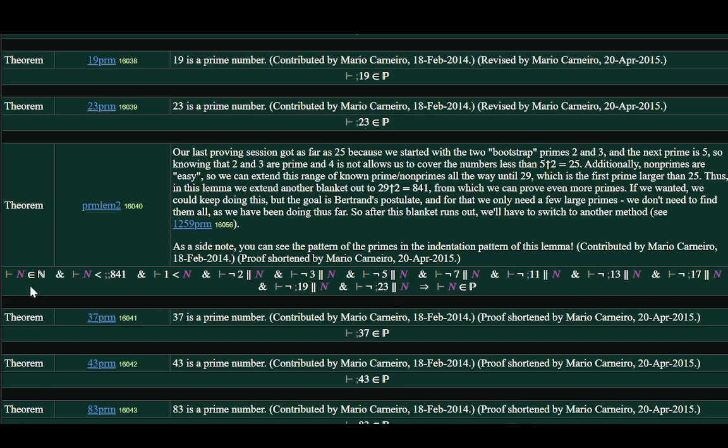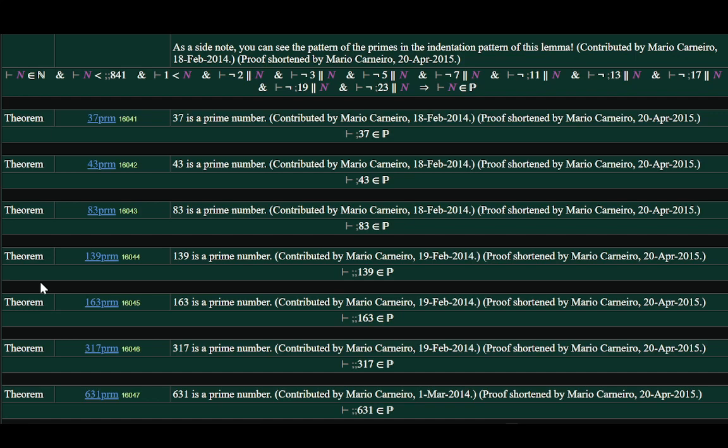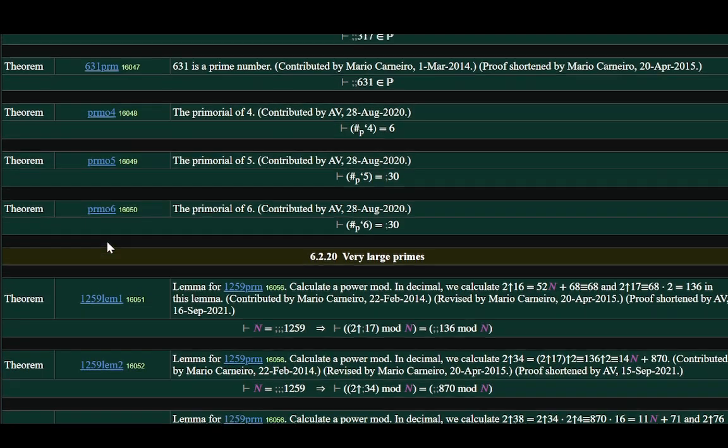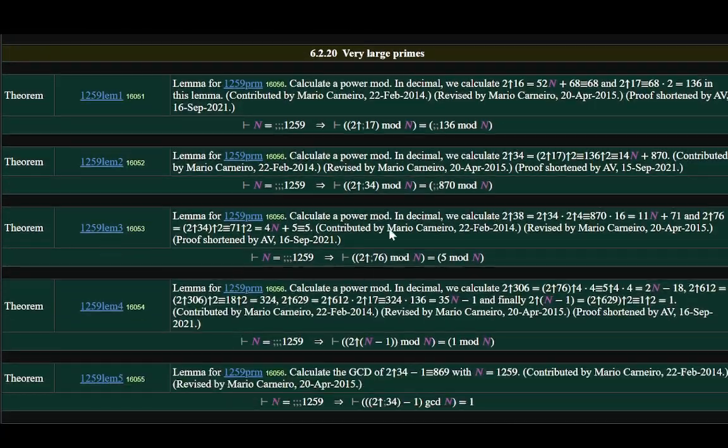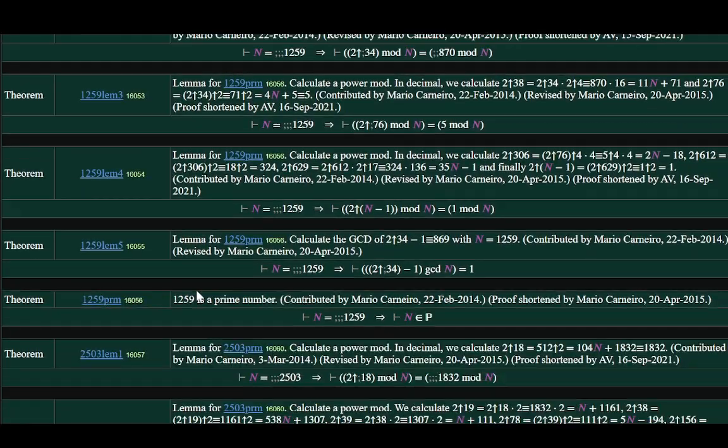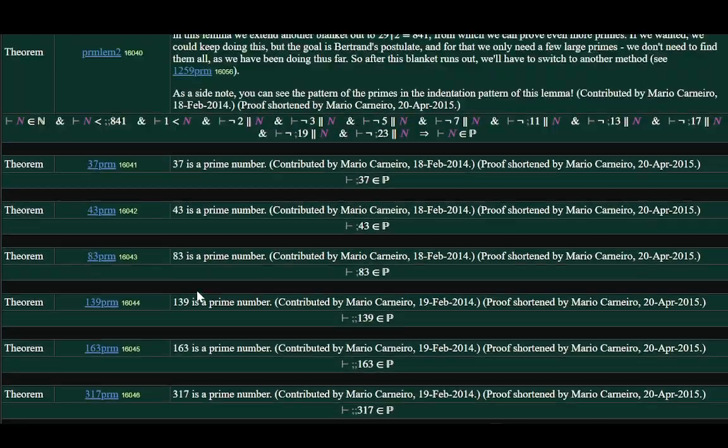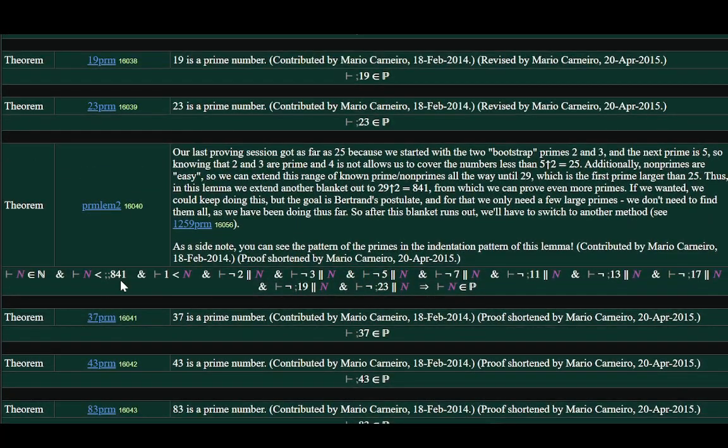I was just going to check, they might have proved it here as an example number, but they haven't. And then they also have some very large primes which they proved by themselves. But if the number we'd picked was higher than 841, we were going to have a bit of a struggle proving it. But luckily 113 is in that range, so it's okay.